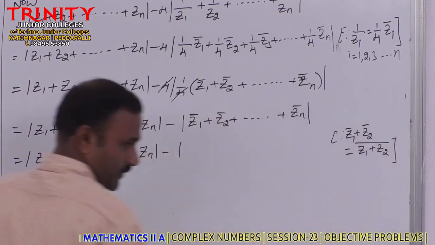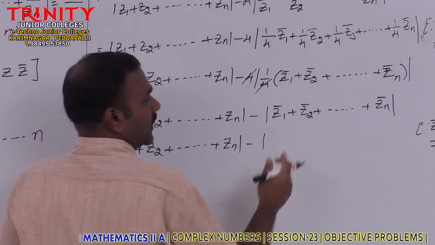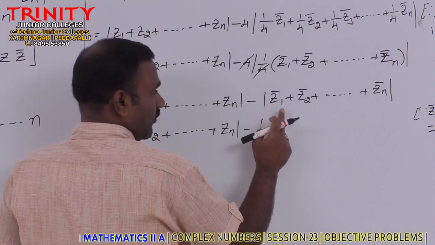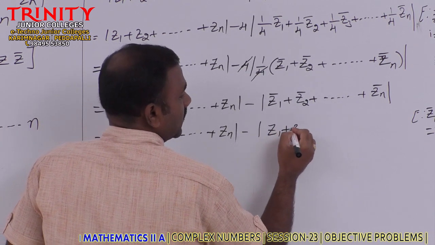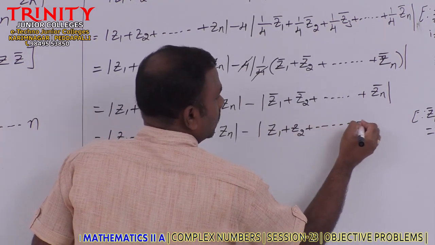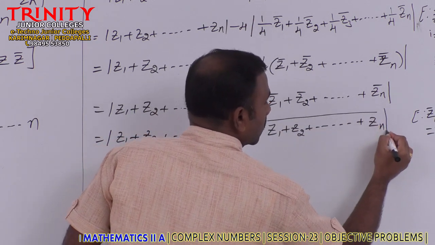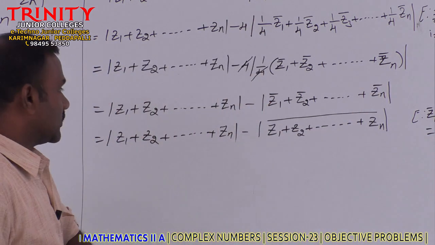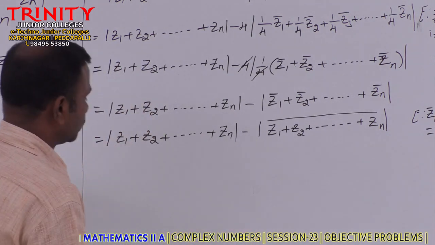This is one of the properties of conjugates of a complex number. According to this property, now we can write this one as Z1 plus Z2 plus so on plus Zn whole bar.